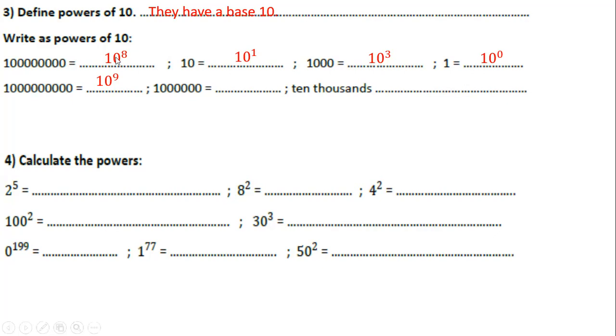If you look here, the base is 10, the base is 10, the base is 10. Always my base should be 10. That's why I call them powers of 10, because their base is 10. So it is 10 to the power 6. Thank you, Ali. Yes, it's 10 to the power 6. I move to Maryam.